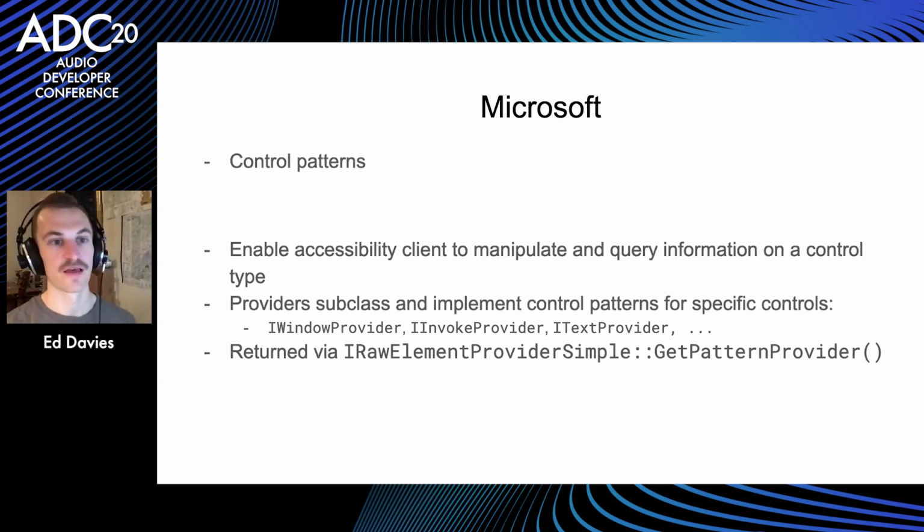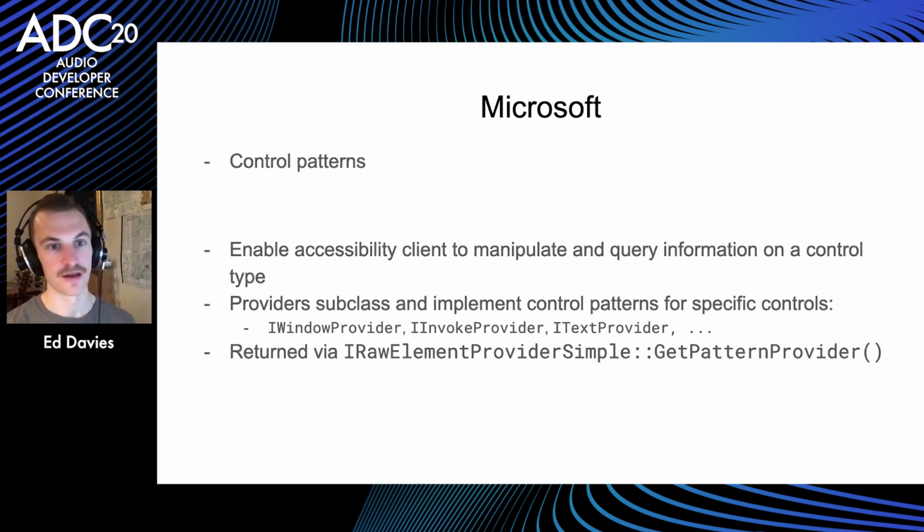So for example, there's the window provider, which represents just a top level window. There's the invoke provider, which represents an element that can be invoked. So for example, our text button would be an invoke provider, and that has an Invoke method, which will be called when, for example, a press is performed by the user, text provider, and so on.